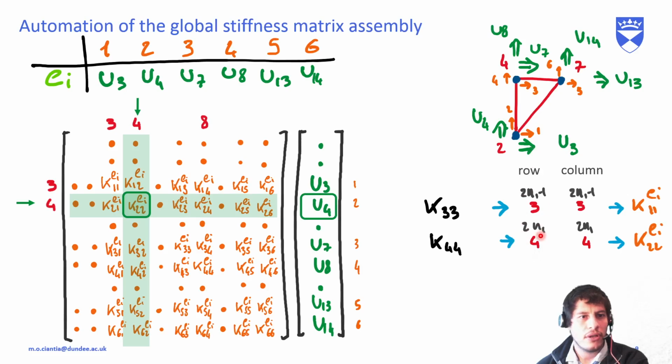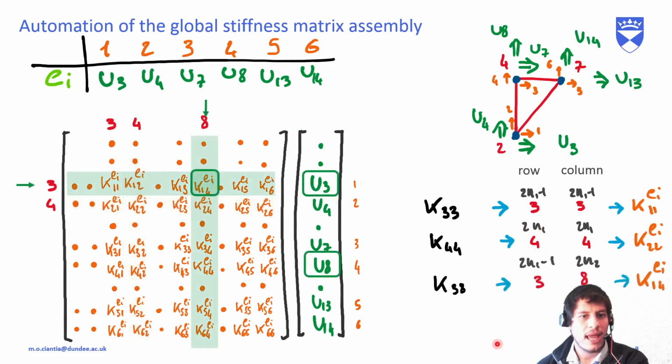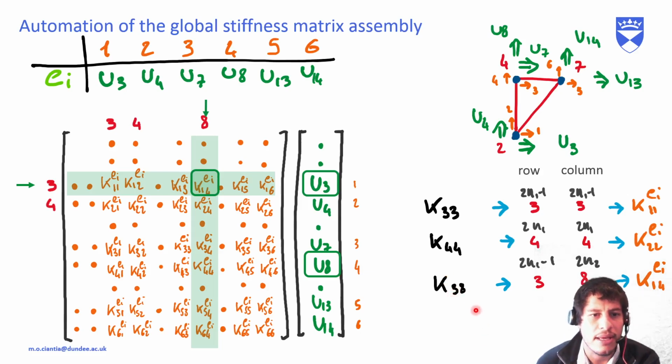Now, let's do another one. Where is K38 going to be? Well, we have 2n1 minus 1, okay, and 2n2. So 3, 8. So row 3, column 8. And we're going to have K, and look at 3, 8.